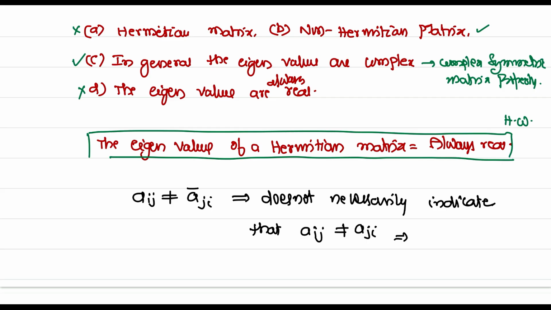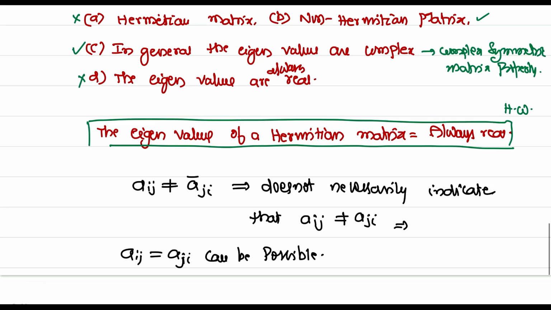That means the possibility of Aij equal to Aji can be possible according to the given matrix. If it is possible, then it can be a complex symmetric.